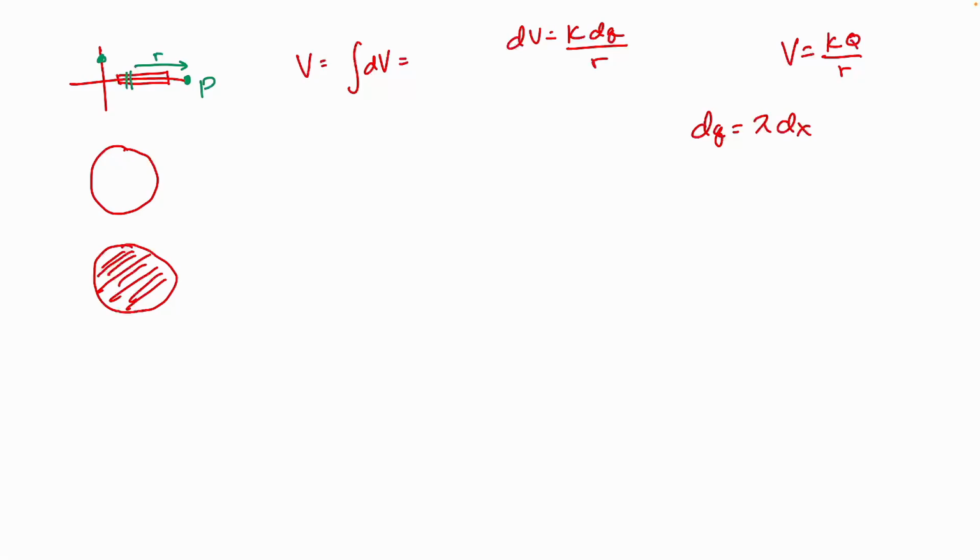So for this green R right here, where is this piece located? It's located at x, some variable, and it's going to change throughout the integration as the integral sweeps along. It's a distance x away from the origin.